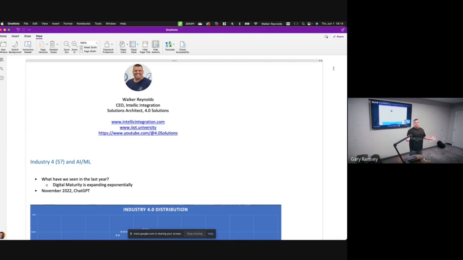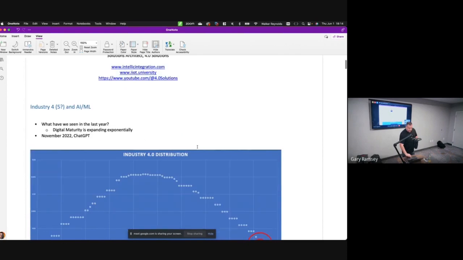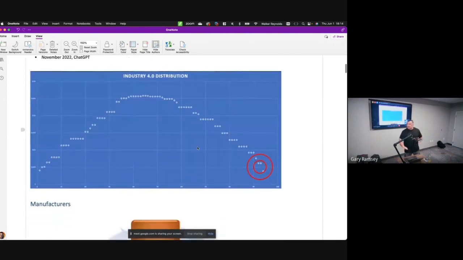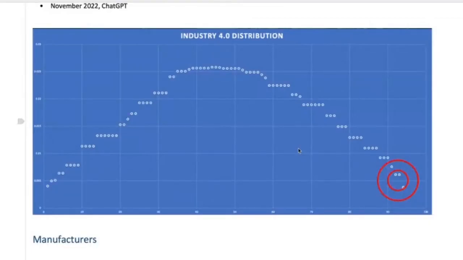That's digital transformation. What's happened over the last year? We did this presentation last year. What's happened over the last year is that the companies who are most digitally mature have become more digitally mature at an exponential rate. This chart is an Industry 4.0 distribution from a data set that we have.